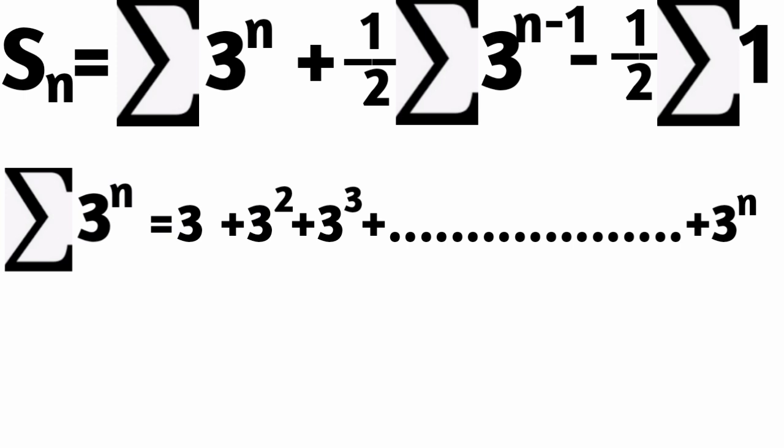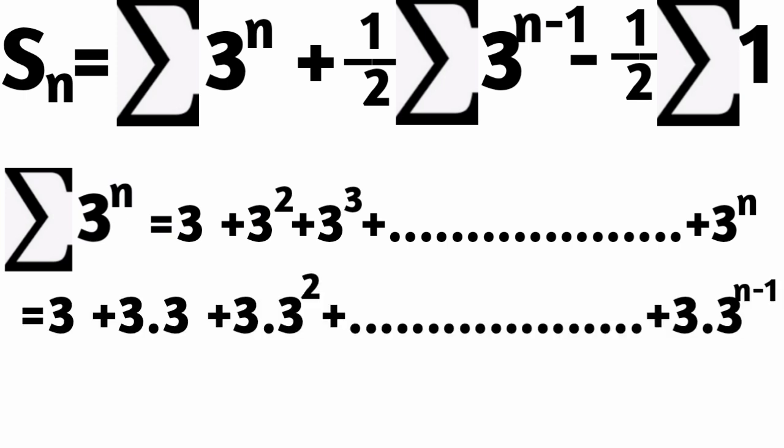As we can see, this series can be expressed using the GP formula. Again, we can write the above series as 3 + 3 × 3 + 3 × 3^2 + ... + 3 × 3^(n-1), in which 3 is the first term, 3 is also the common ratio, and the number of terms here is n.